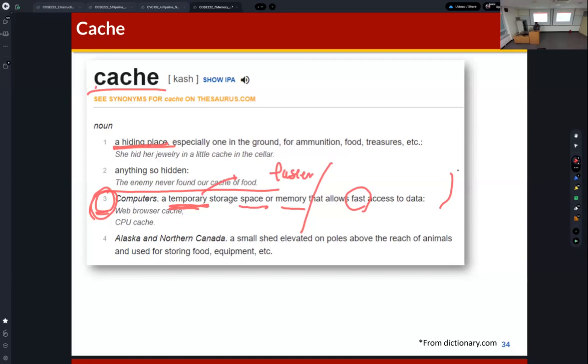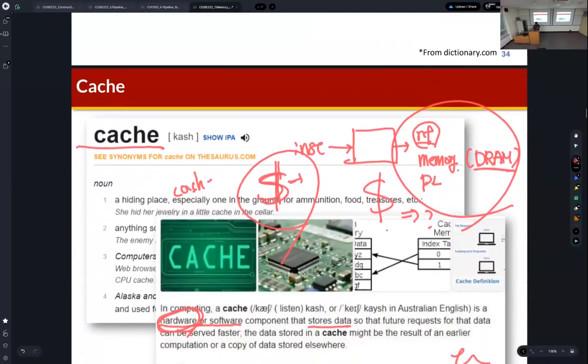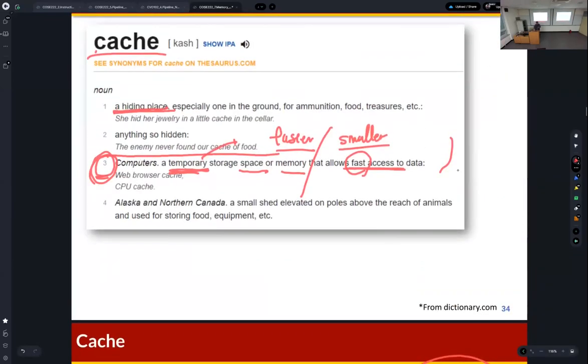Also, the size is smaller, and that allows fast access to data. We store frequently used data.